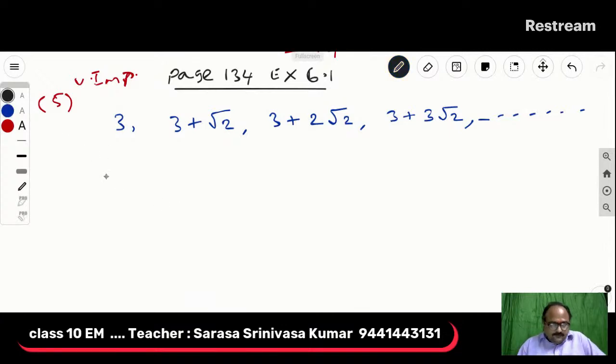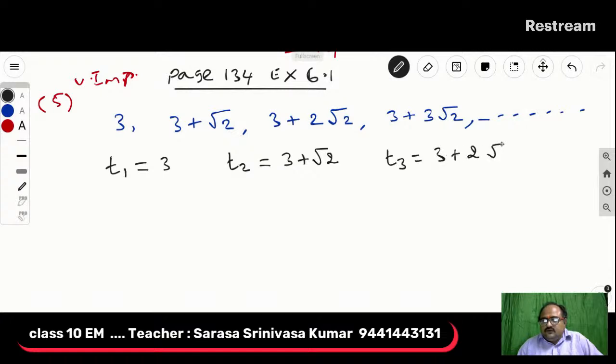Now, let us note down T1, T2, T3, T4. So here the first term T1 equal to 3. The second term T2 equal to 3 plus root 2. Third term T3 equal to 3 plus 2 root 2. Fourth term T4 equal to 3 plus 3 root 2. Now we find T2 minus T1.